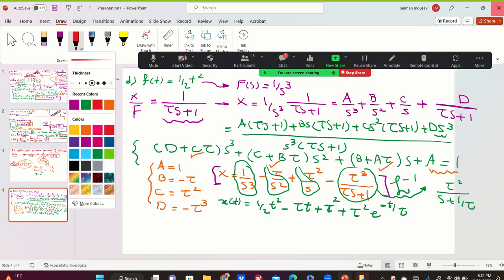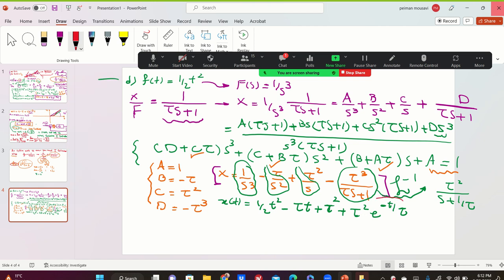Guys, you know that this is a decaying term. That's right, I taught you. What does it mean? You tell me physically. When time goes to infinity, this goes to how much? 0. So this is a decaying, vanishing term.